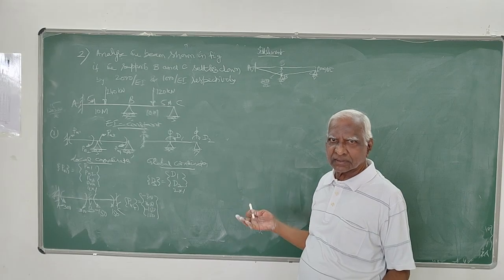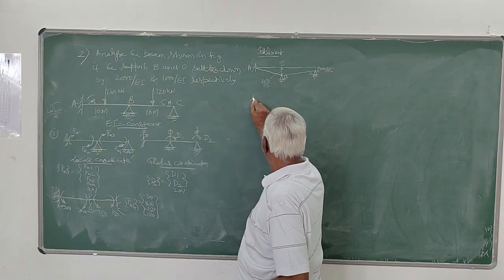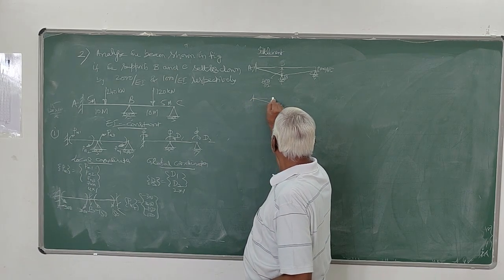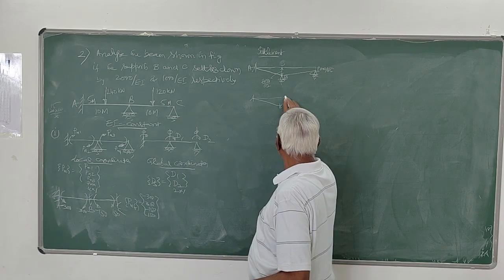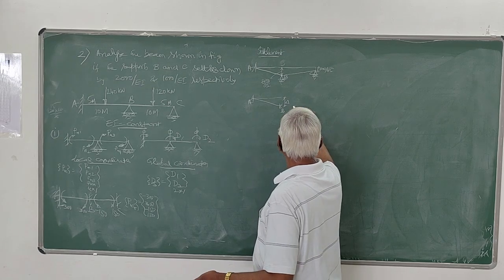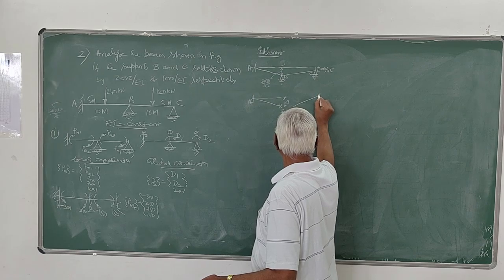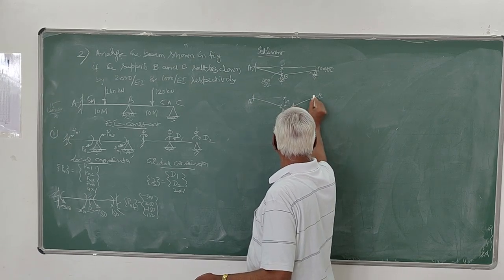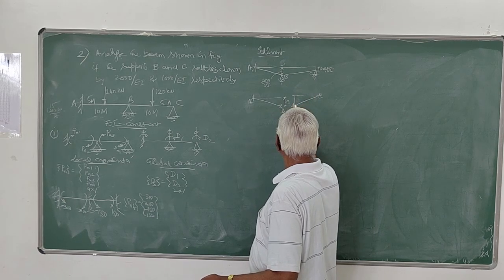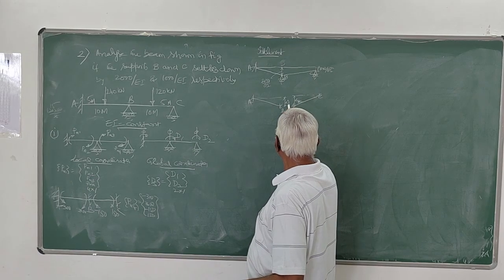Obviously, these are the things. So now, because of this, you assume it to be fixed. This is delta for member AB. Likewise, for member BC, this is delta BC. This is delta BA.